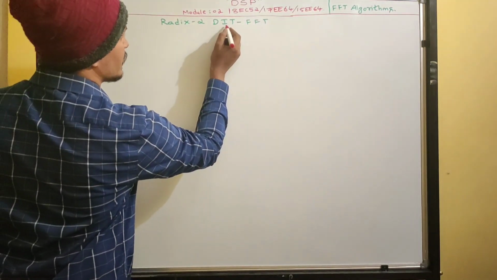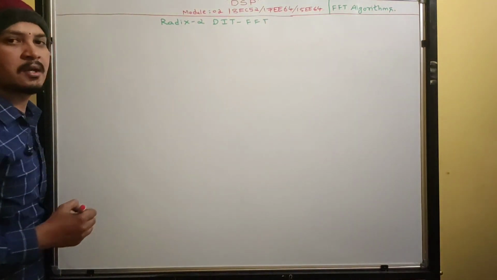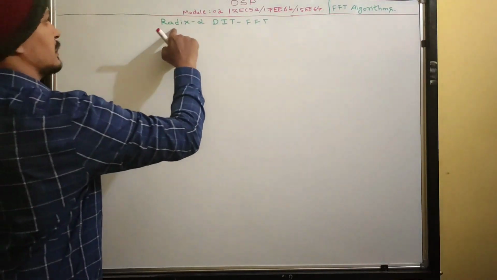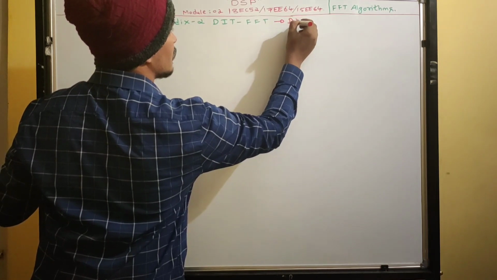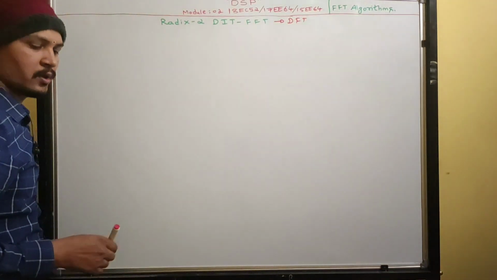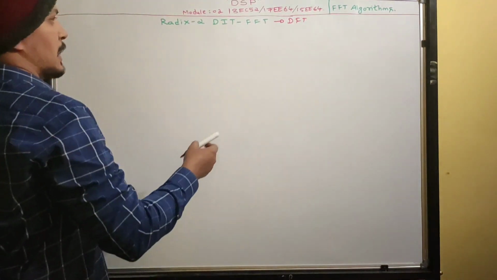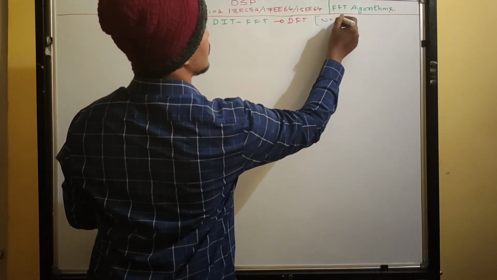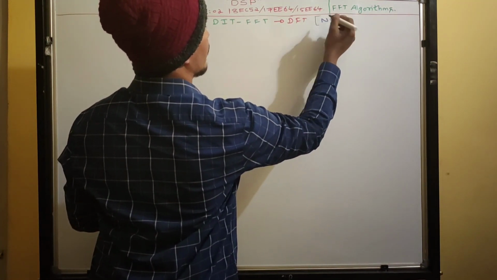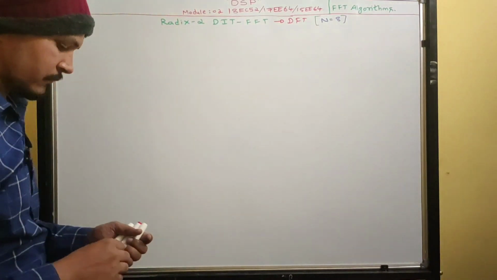Okay, but what is decimation in time? Look here. Radix 2 means obviously it is going to compute DFT only. Okay, so I am going to write the signal flow graph for an 8-point sequence.